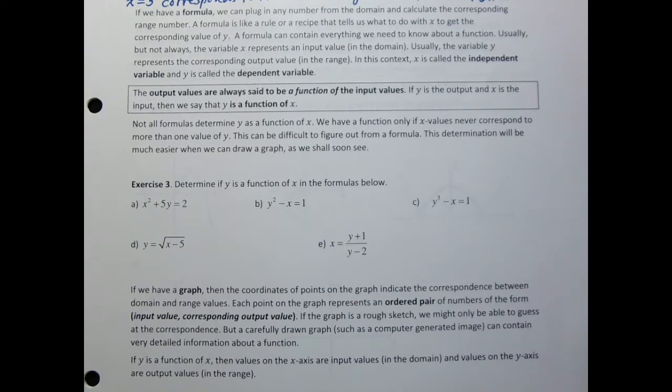It tells us what to do with x to get the corresponding value of y. And usually x is used for input variables and y is used for output. That's not an unbreakable rule, but that's very common. And in this context, x is often called the independent variable and y is the dependent variable.